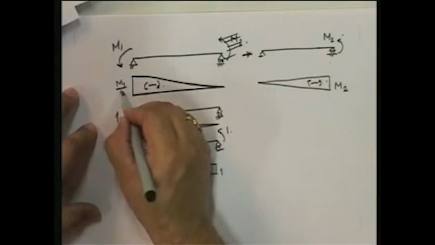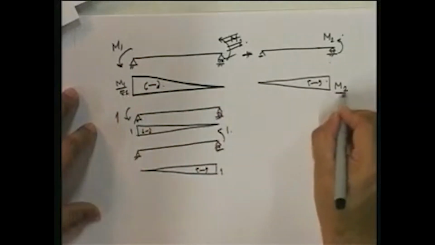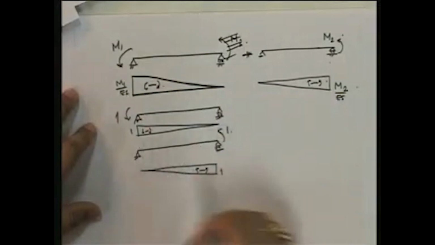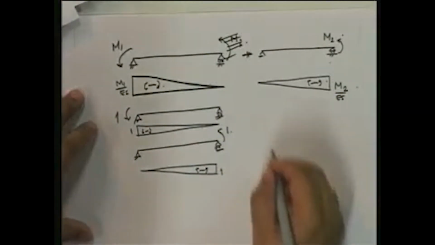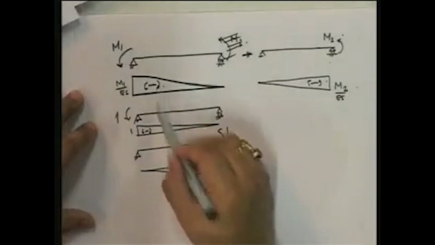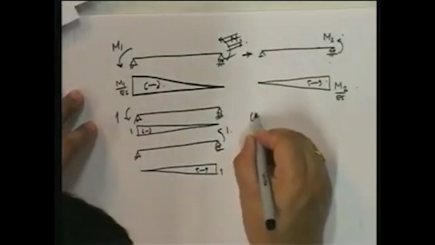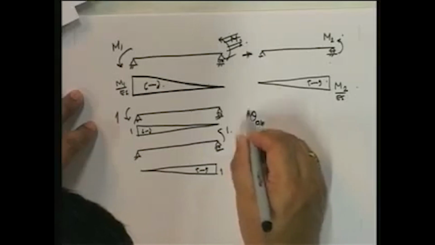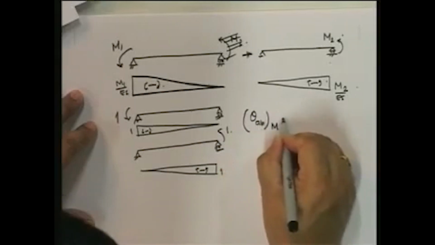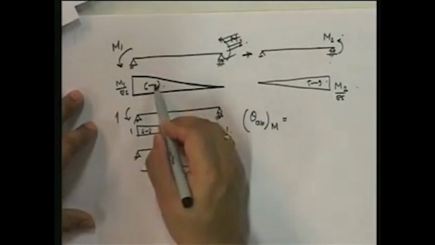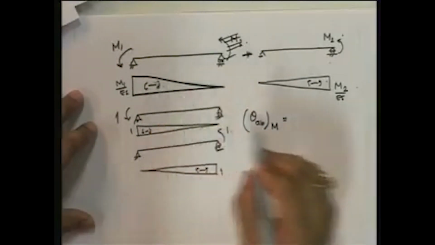Why? Because these are the real loads, this gives me the curvature diagram, and these are the virtual moments. So I'm going to find out the effect due to this and add the effect due to this. Theta AB due to this is the area under this curve, and then the value of this at its centroid.